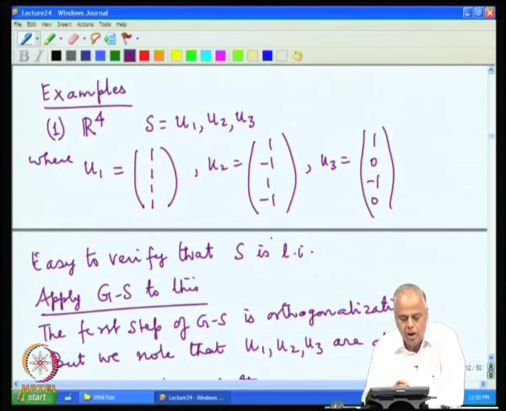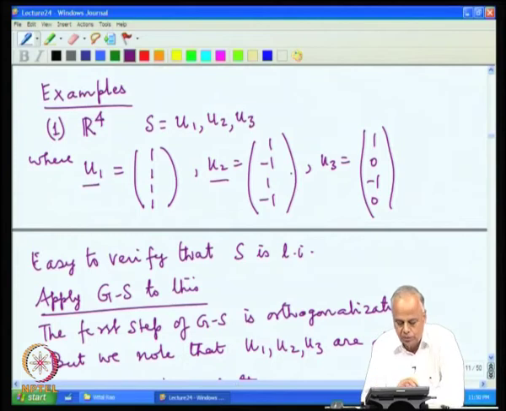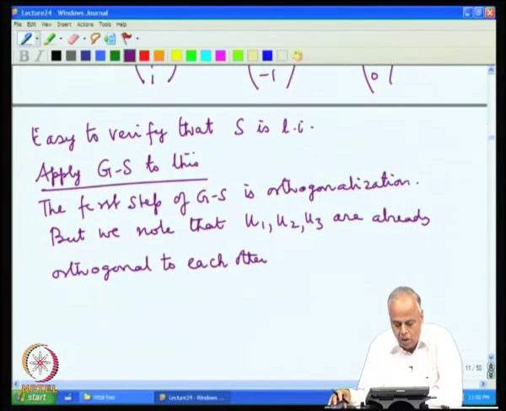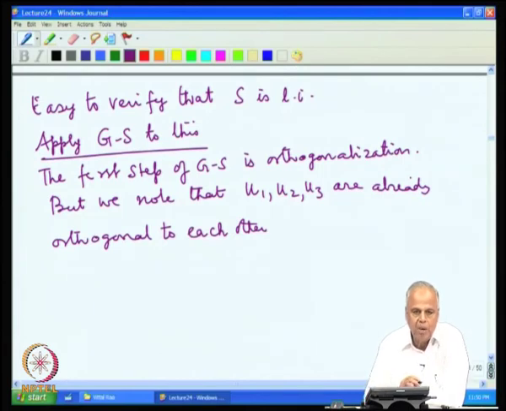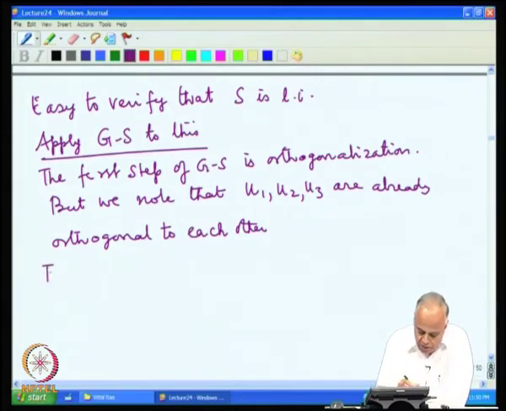If you take the dot product of u1 with u2, you get 1 minus 1 plus 1 minus 1, which is 0. Similarly, the dot product of u1 with u3 is 0 and the dot product of u2 with u3 is 0. So, pairwise they are all orthogonal to each other. So, the Gram-Schmidt process will simply produce V1 equal to u1, V2 equal to u2, V3 equal to u3, because they are already orthogonal.